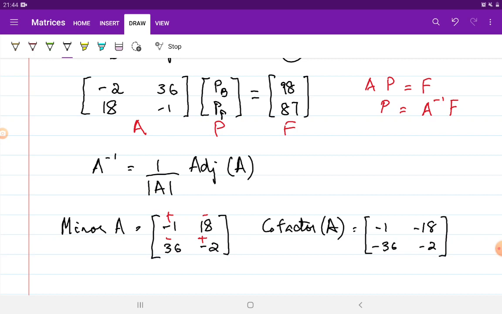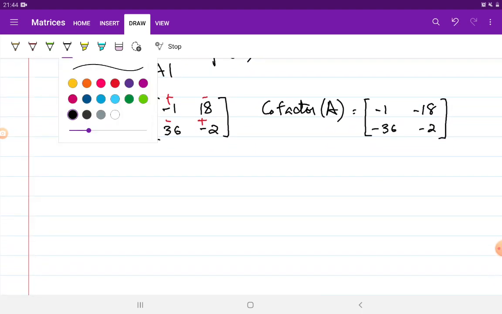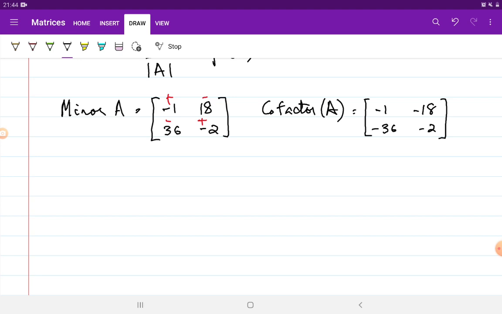So that is my cofactor matrix. And the adjoint of A is nothing but the transpose of the cofactor matrix. So minus 1, minus 18, the first row becomes the first column. The second row, minus 36 and minus 2, becomes the second column in the transpose.